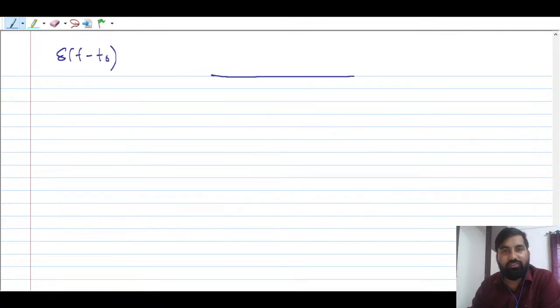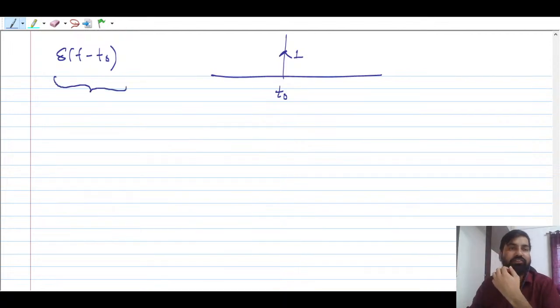Your signal has been shifted, but your area is going to be 1 only. If you're trying to find the area, it is going to be 1, because shifting does not affect area. So I think this is clear. These are the points that you have to always remember.